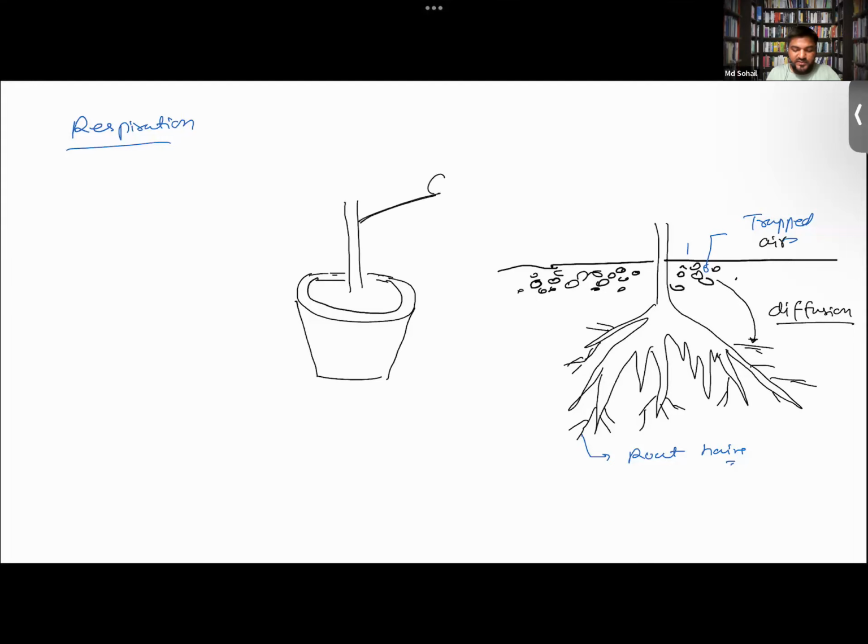So let's say this is a flowering plant here, and the roots are like this. There will be a hole beneath the pot, so that if extra water is poured in, it can drain out of this hole.